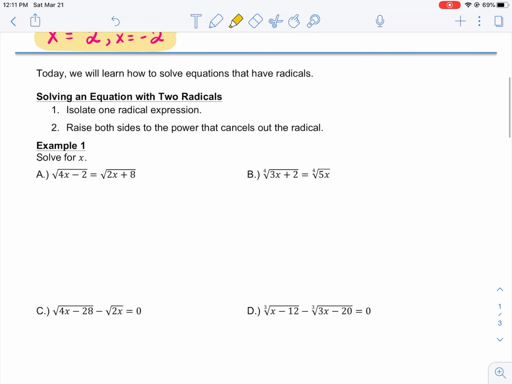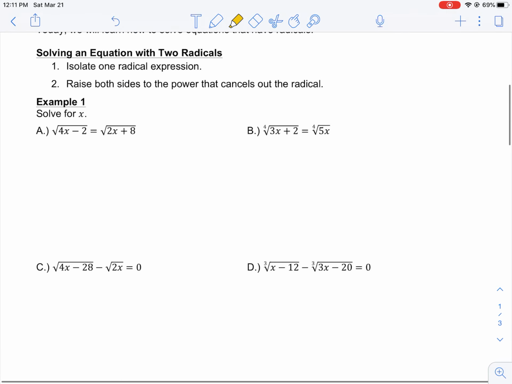All right, so today we're going to start talking about solving radical equations. There are a couple types of problems we're going to talk about. In the first set, you'll notice that you have a radical on both sides of your equation, or you can write it so that you have a radical on each side. Instead of taking the root, we're going to raise each side to an exponent, to undo the square root or the cube root or the fourth root.